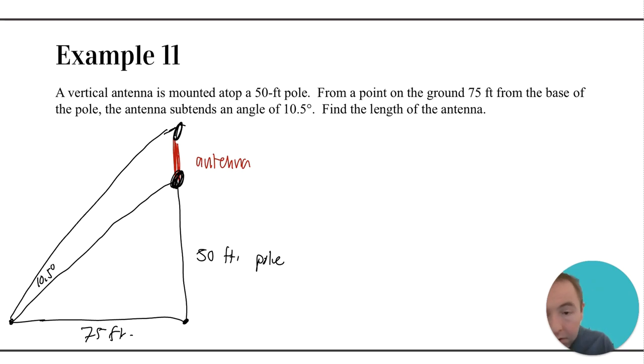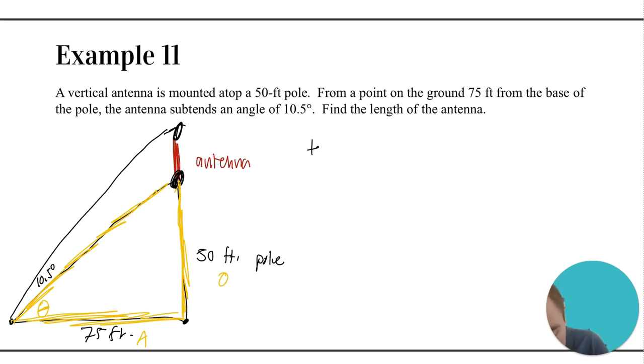And we want to find the length of the antenna, right? So what might be helpful for us is to actually find what this yellow angle theta is, and we can do so because this triangle right here, formed by just the pole and the ground, is a right triangle, and we know two of the side lengths are 50 and 75, which is the opposite to theta and the adjacent to theta.